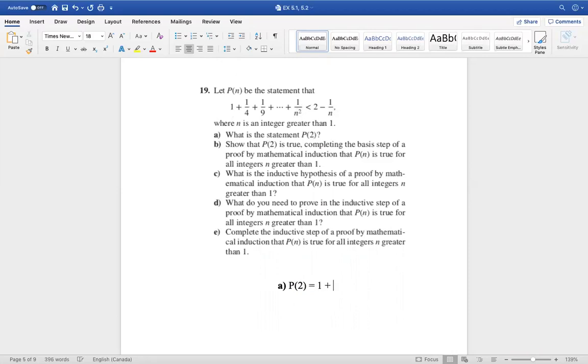So 1 plus 1 over 4 plus 1 over 9 plus dot dot dot plus 1 over 2 square is less than 2 minus 1 over 2. Okay, so this is going to be our P2.